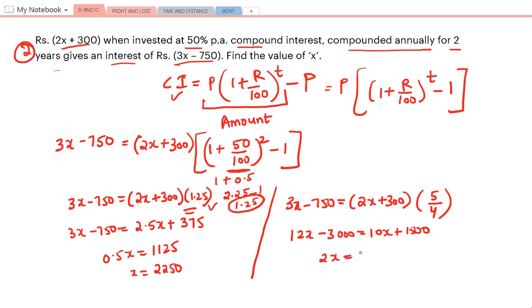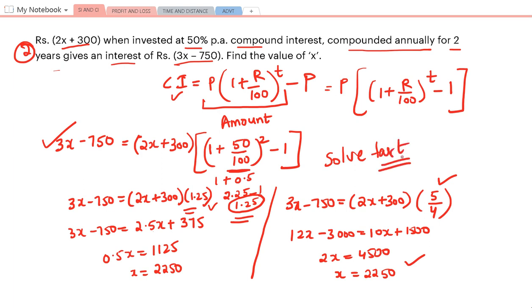So 2x is equal to 4500. x is equal to 2250. Whichever you are comfortable with, fractions or decimals, you can choose any one. Anything is fine. But here you have to start from here. How to solve fast.